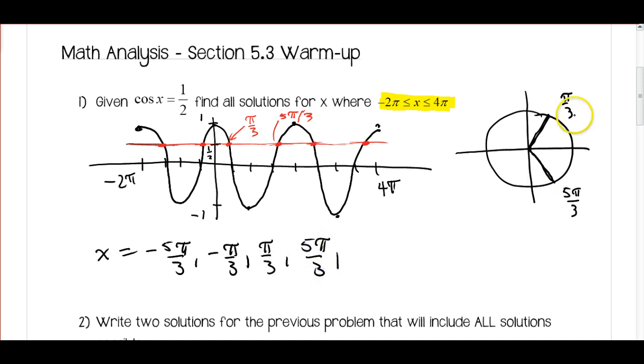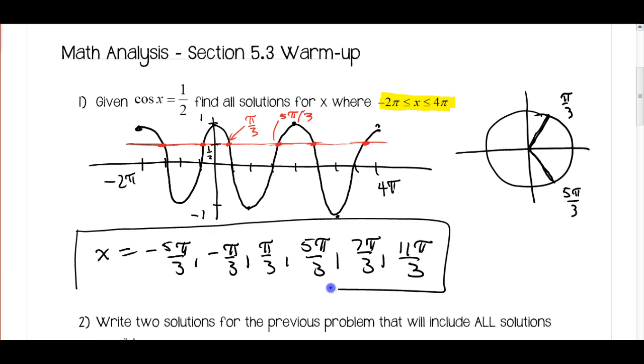Okay, back into the first quadrant, so that would be 7 pi over 3. And then 1 short of 2 pi, so that would be 12 pi over 3 was 4 pi. So 1 back from that, so that would be 11 pi over 3. Okay, so these are all the solutions between negative 2 pi and 4 pi.